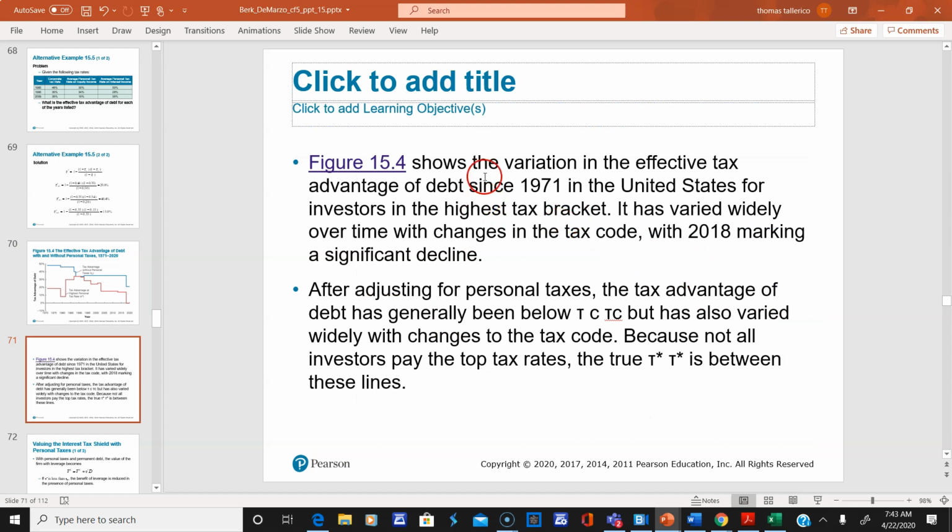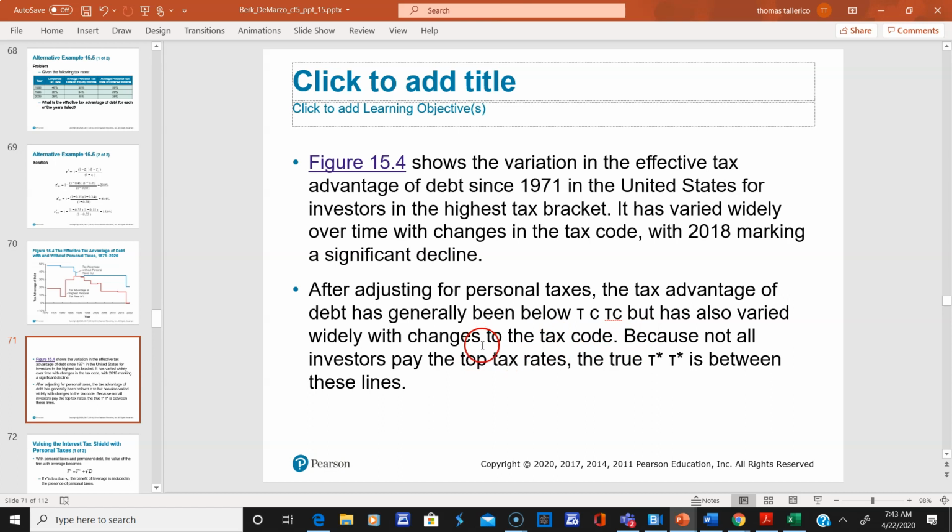Figure 15.4 shows the variation in the effective tax advantage of debt since 1971 for investors in the highest tax bracket. It has varied widely over time with changes in the tax code, with 2018 marking a significant decline. So after adjusting for personal taxes, the tax advantage of debt has generally been below the corporate tax rate, but has also varied widely with changes in the tax code.